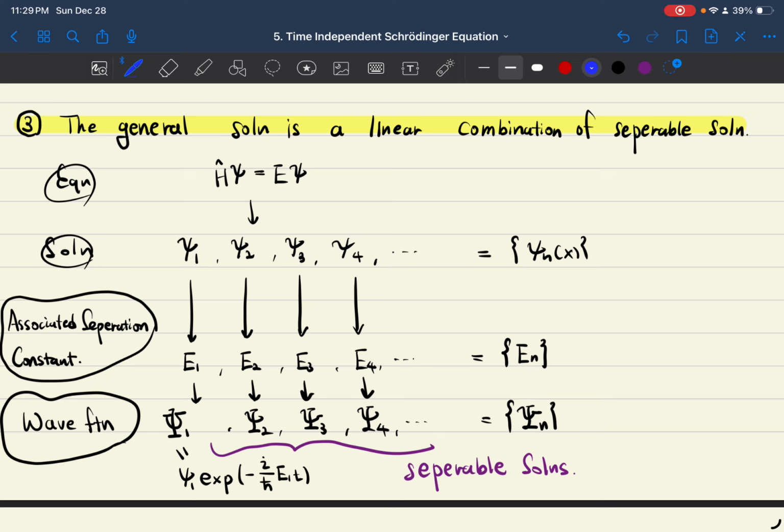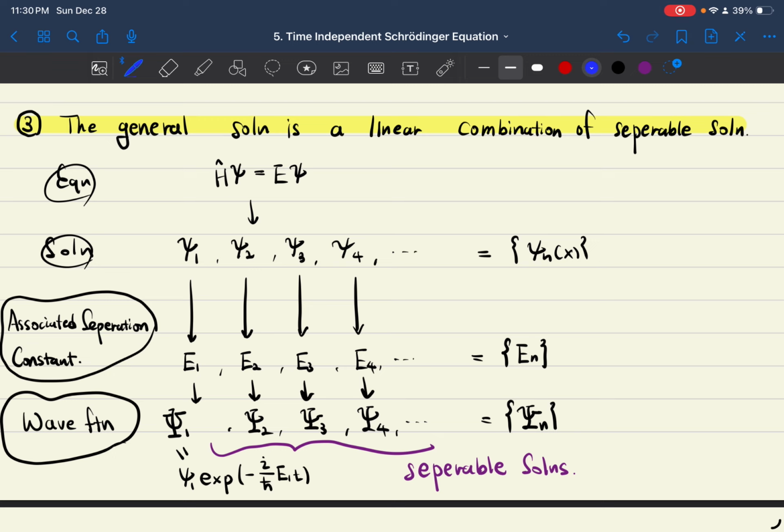So we can denote these with a simple set notation, the set psi n of x. And there's an associated separation constant E1, E2, which means the expectation value in the case of the Hamiltonian. And there is an associated wave function psi 1, psi 2, psi 3, psi 4.